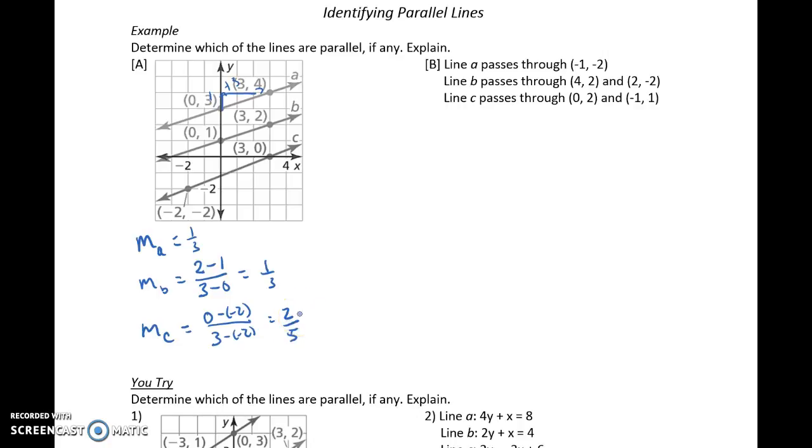So when we compare the slopes, we want to see which had the same slopes. Well, A and B did.